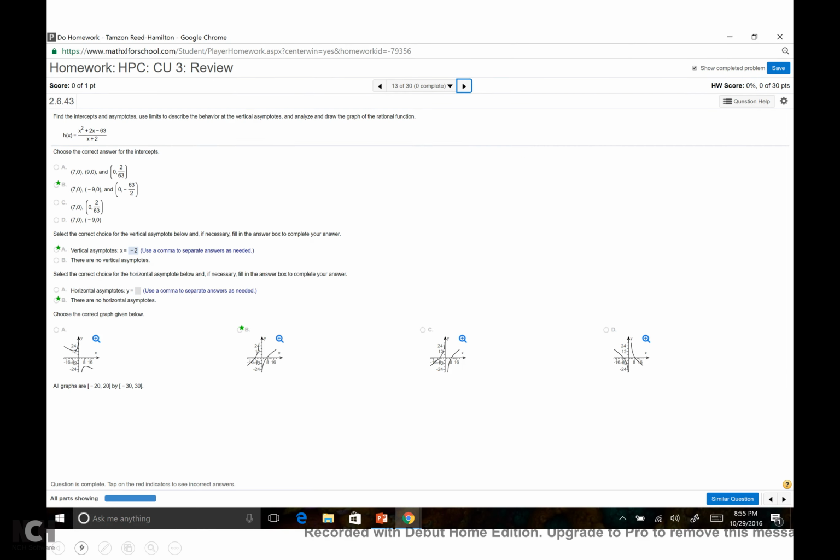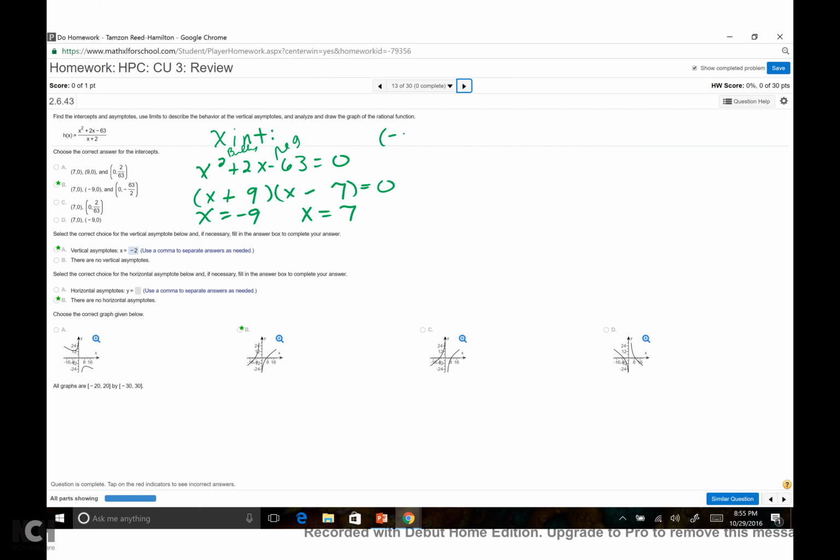Alright, number 13. Find the intercepts and asymptotes, use limits, so same directions. Alright, so to find my x-intercepts, I set my numerator equal to 0. Should be an easy factor. 9 and 7 make 63 if I multiply, and 2 if I subtract. So since c is negative, only the bully gets the plus and 7 doesn't, which gives me x equals negative 9 and x equals 7.